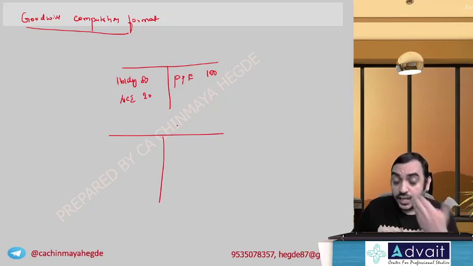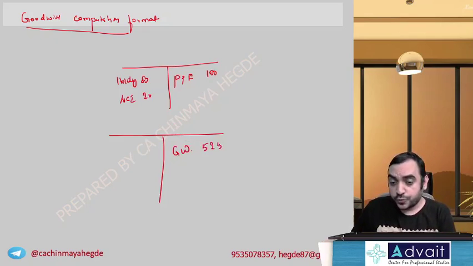Similarly, I am telling you now in the case of goodwill. Goodwill, we are writing total 6,250. What belongs to the holding company is only 5,000. Who owns the balance 20%? NCI. So NCI will have the balance 1,250.